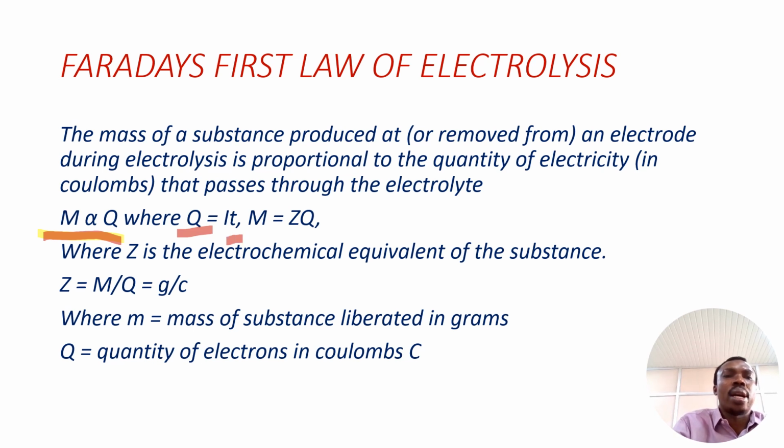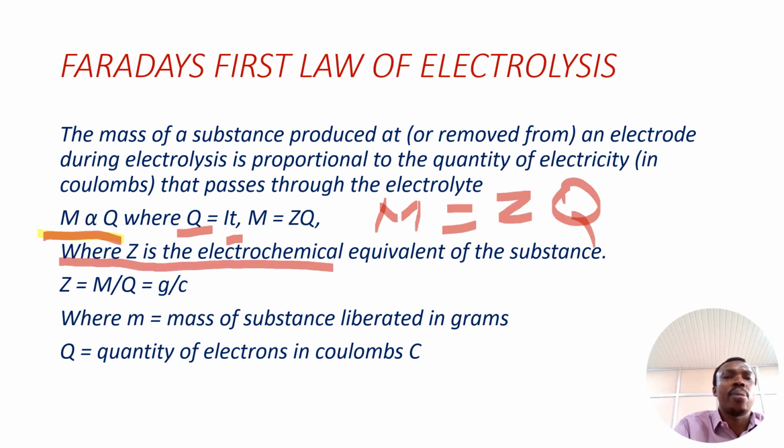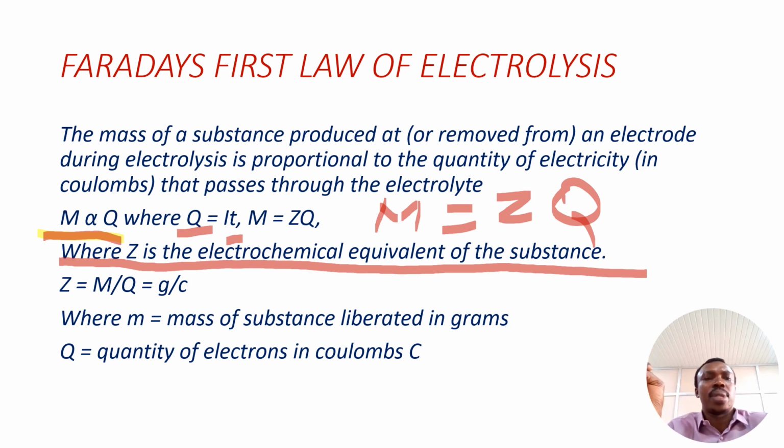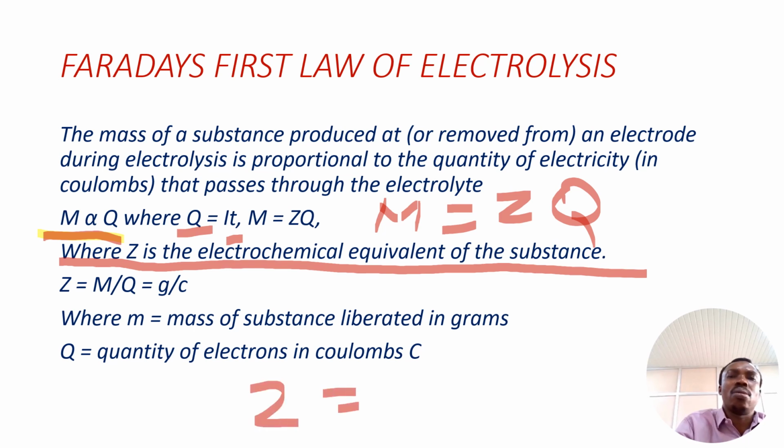If you remove the variation sign, the sign of proportionality, we establish a constant: M equals ZQ, where Z is the electrochemical equivalent of the substance. If we make Z the subject of the formula, Z equals M over Q, the mass over the quantity of charge.